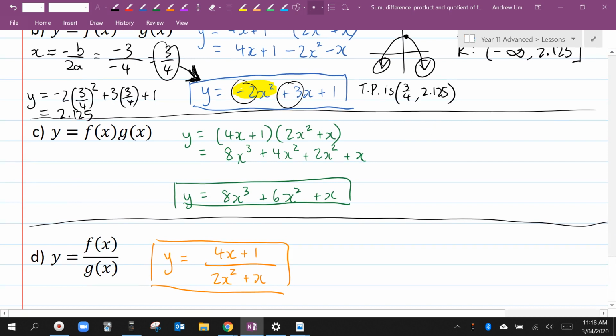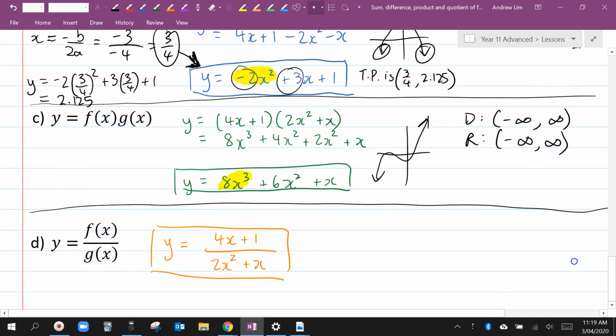Alright, question C. The product is a cubic, 8x cubed, which means that we know it's going to look something like this, which makes it nice and easy. The domain is from negative infinity to infinity, and the range is also from negative infinity to infinity.